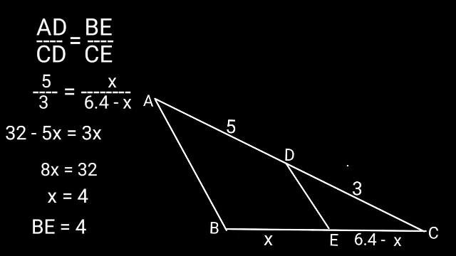Then 8x is equal to 32. Hence x is equal to 4. Thus we have found BE is equal to 4.